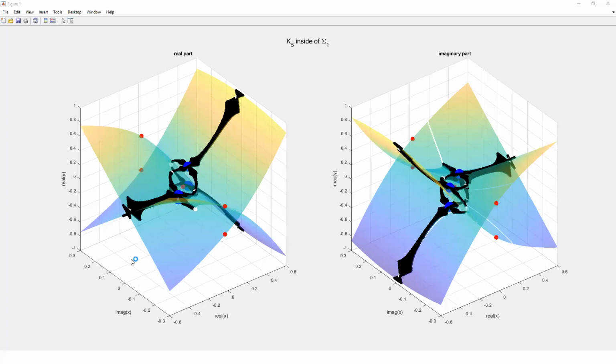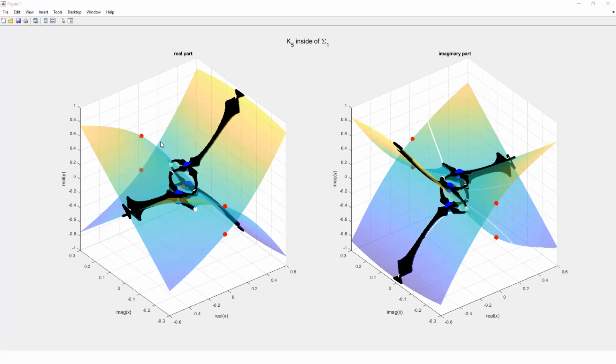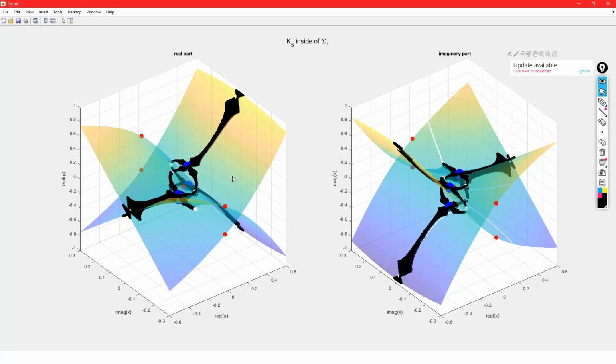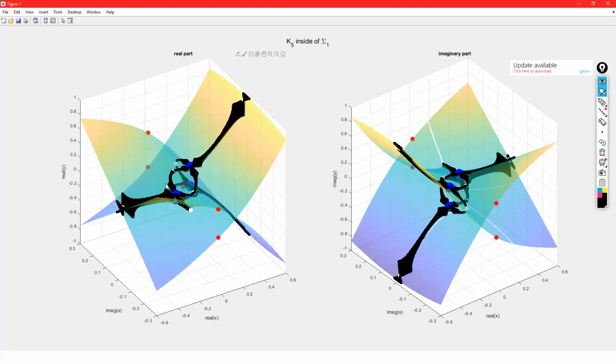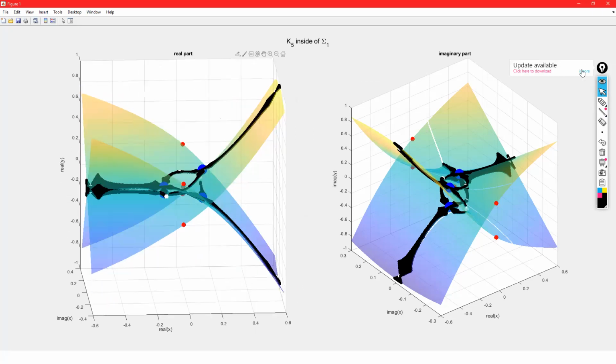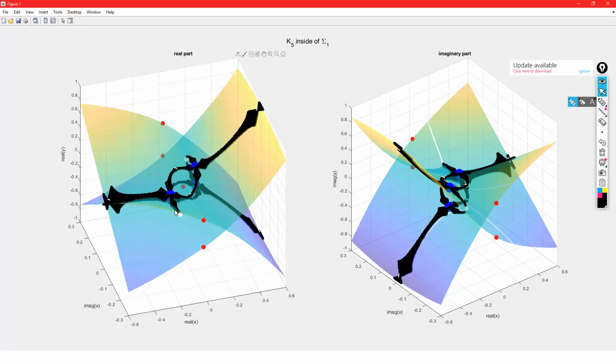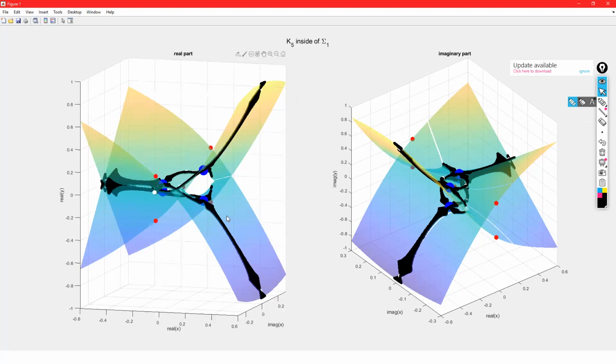What you see here is just that exact polynomial equation. This is a graph of the polynomial, and the black points are the pre-image of the unit interval under the Belyi function. Let me move this around. The blue points are the pre-image of 0, the white points are the pre-image of 1, and the red points are the pre-image of infinity.